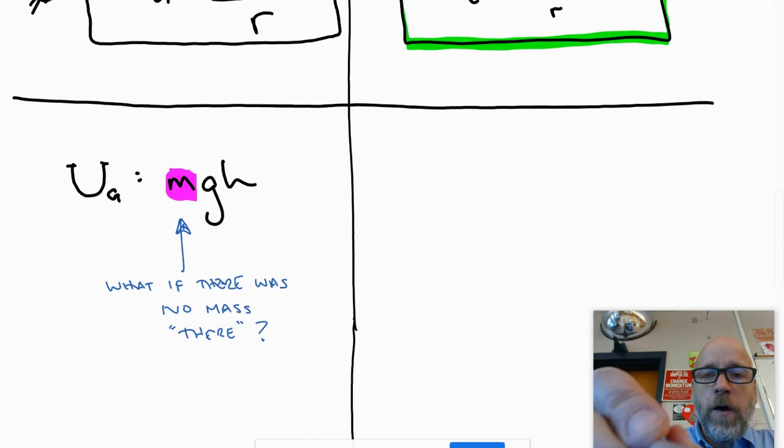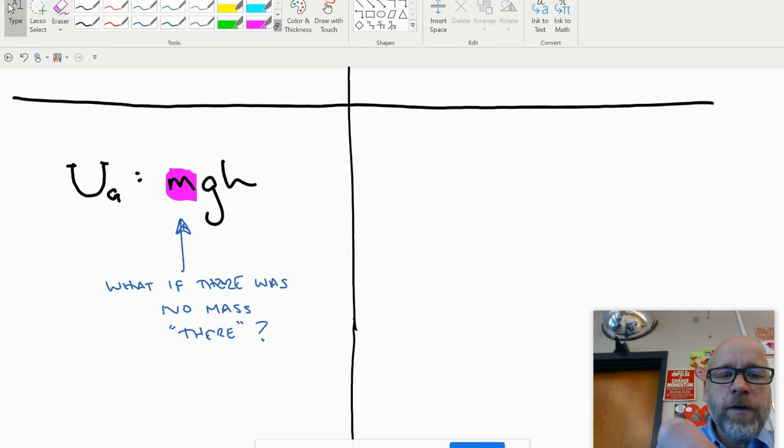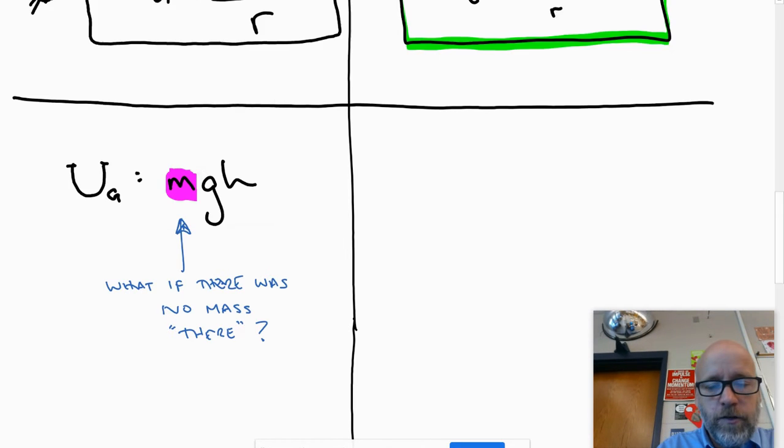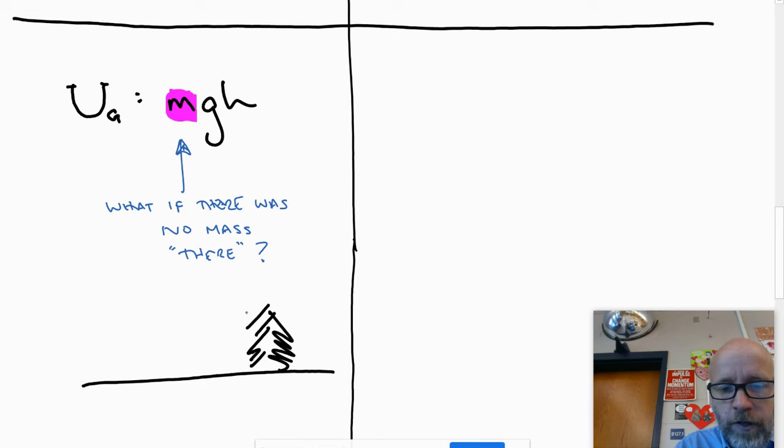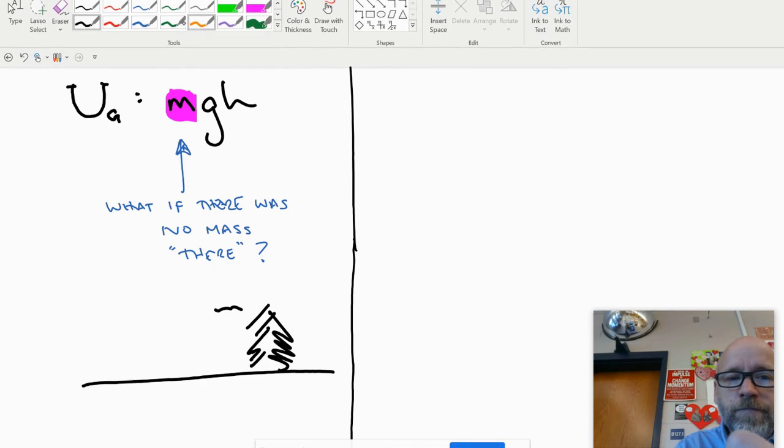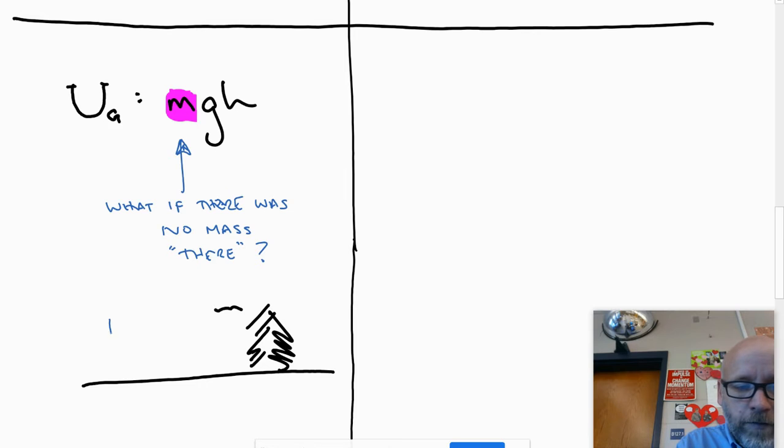So if I were to go ahead and draw a picture, let's say that we are standing on the surface of the earth. Okay. And you look out and there's trees, there's birds flying around, and you're standing in this gravitational field. That field would be pointing straight down towards the center of the earth.